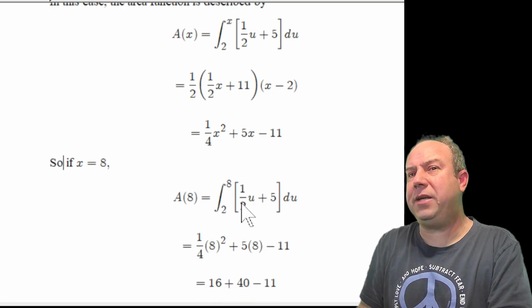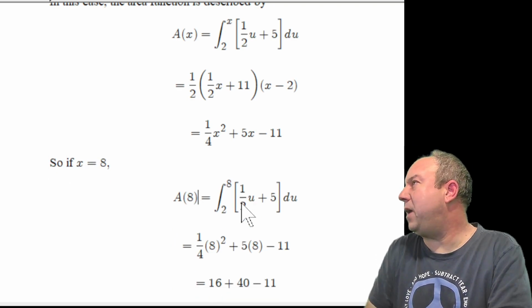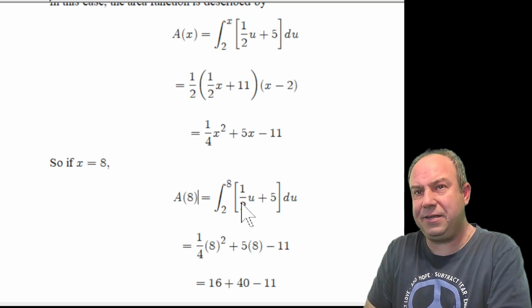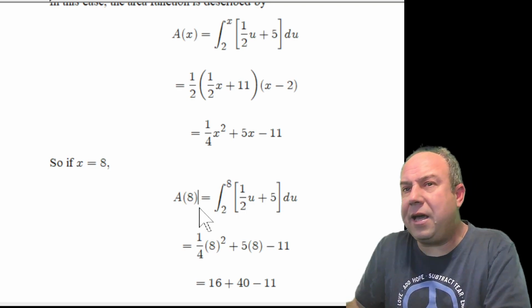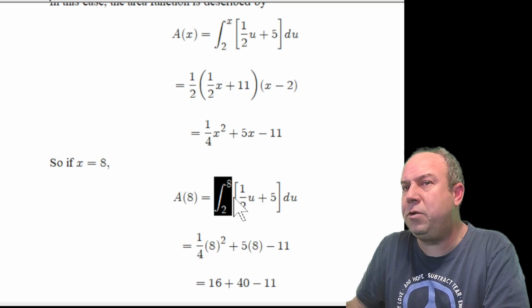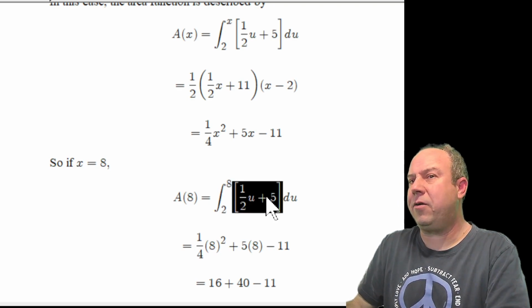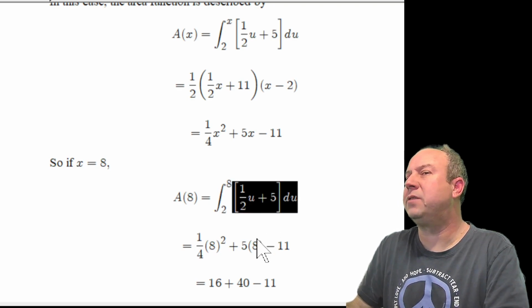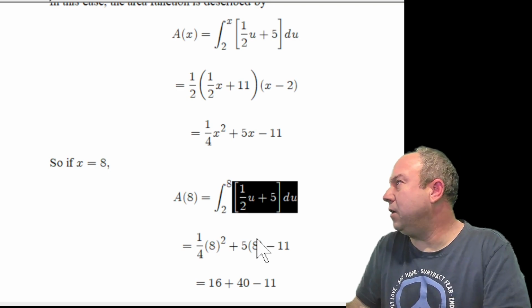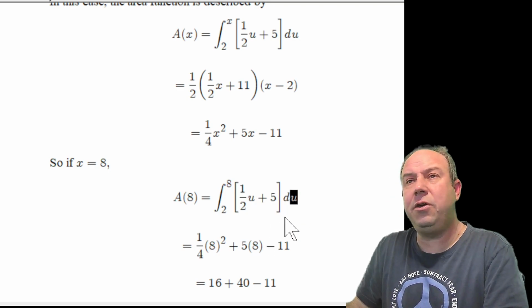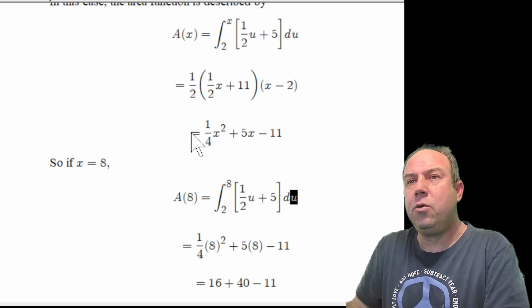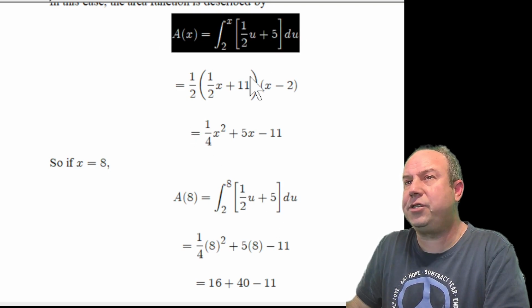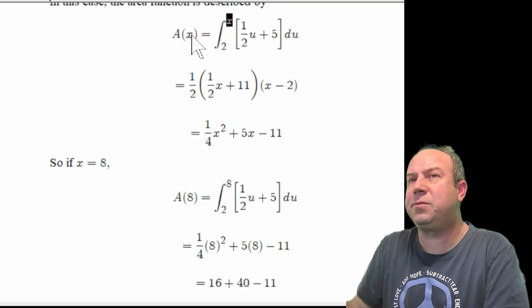So if x is placed at 8, we would be at A of 8. And what we would be calculating is the definite integral from 2 to 8 then, in our area function, for 1/2 u plus 5, all integrated with respect to variable u. Which is this calculation seen up here, where x is just being replaced with the value of 8.